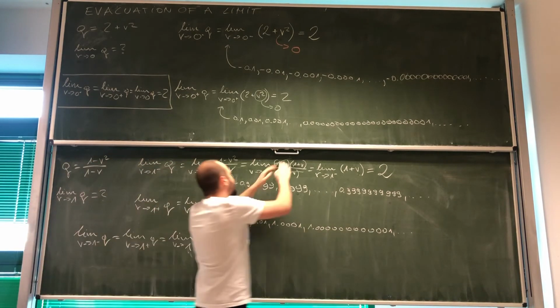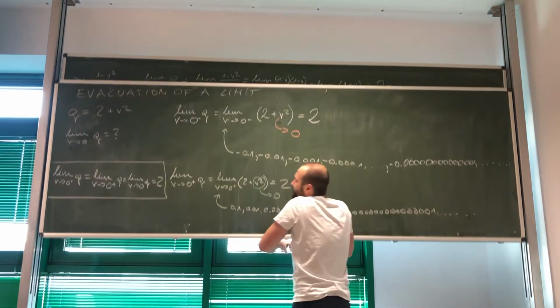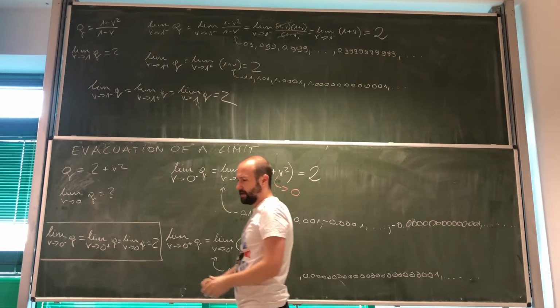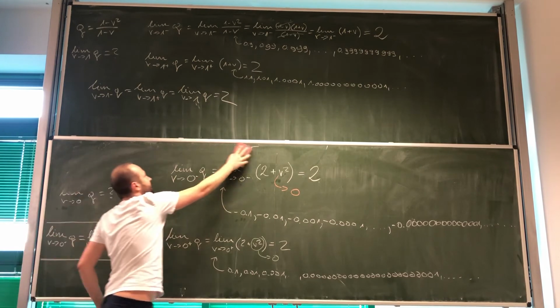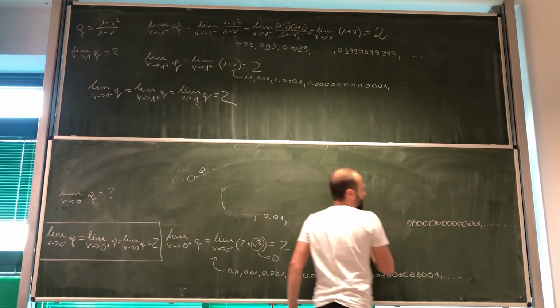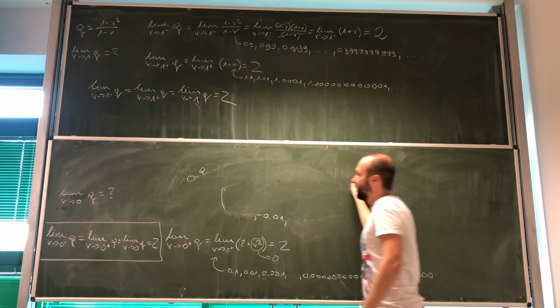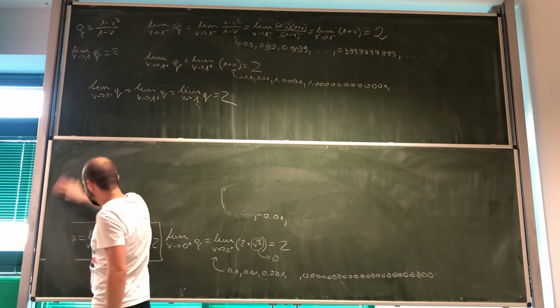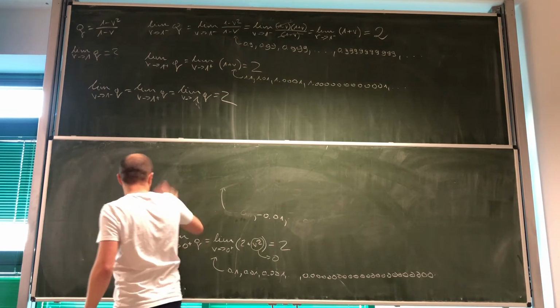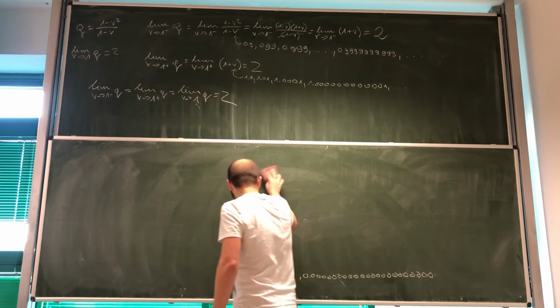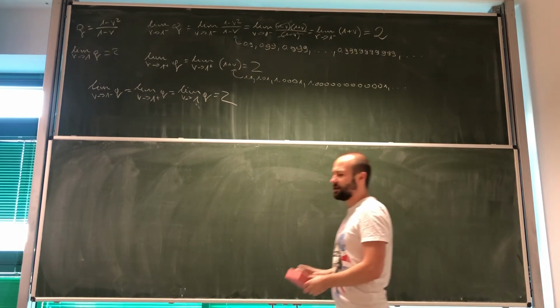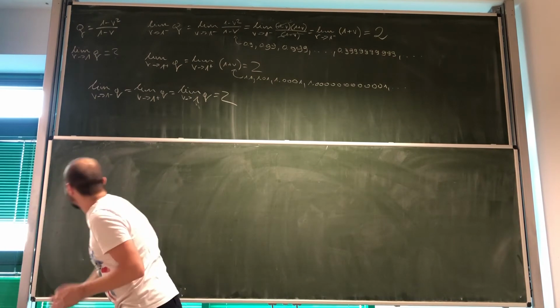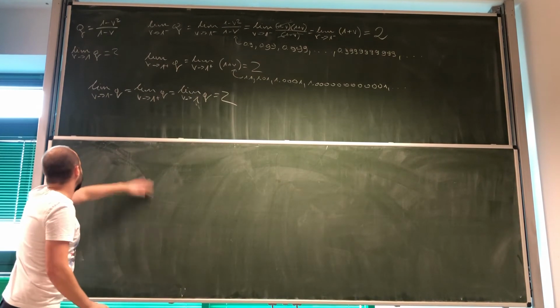Okay, so we've dealt with these two cases, but what about if we have a limit with v going to infinity or negative infinity? Okay, again, let's start with a very simple case, and let's make things a little bit more complicated later.